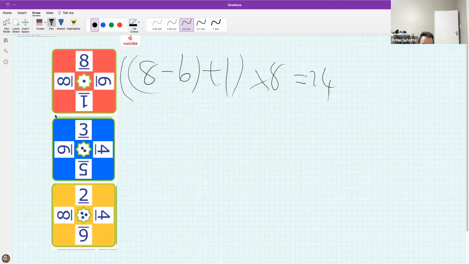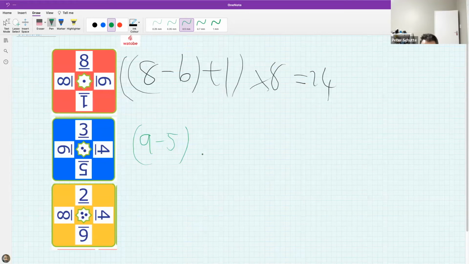Who feels like they might have a little something to add here? That's a 9 and a 4. So Emmanuel has said 9 minus 5 is 4.